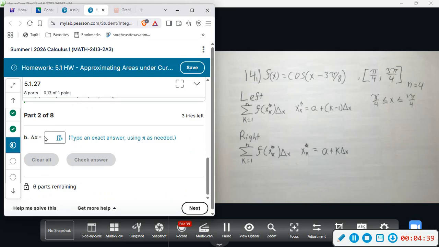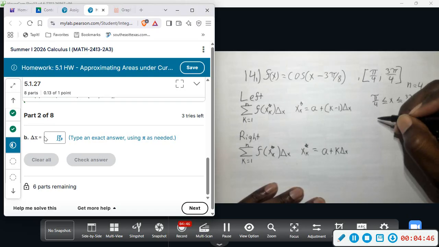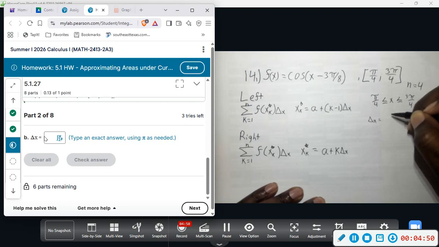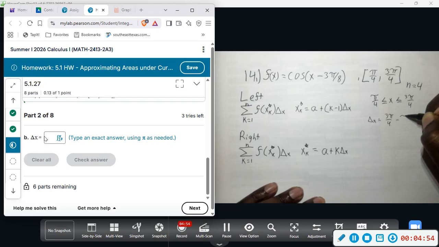All right, now we're going to compute the change in x. We can do this by hand. The difference in the upper and lower limit, 3 pi over 4 minus pi over 4, divided by n, which is 4.